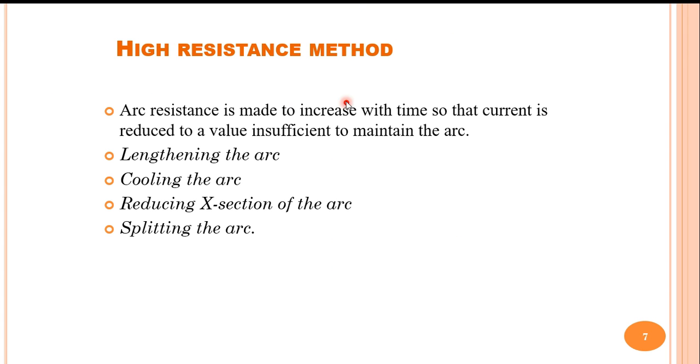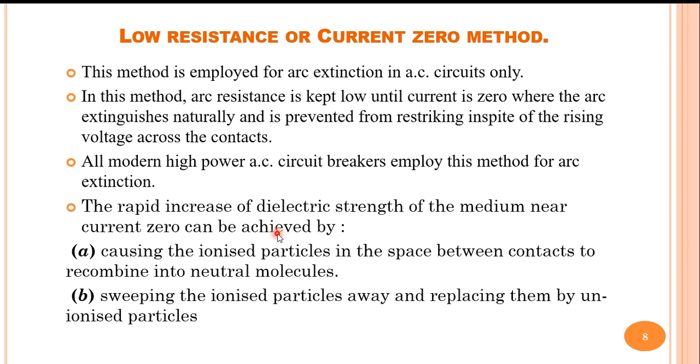So, the high resistance method is by lengthening the arc, cooling the arc, reducing the cross sectional area of the arc, and splitting the arc. And the low resistance or current zero method is employed mainly in AC circuits, because natural current zero occurs only in AC circuits.